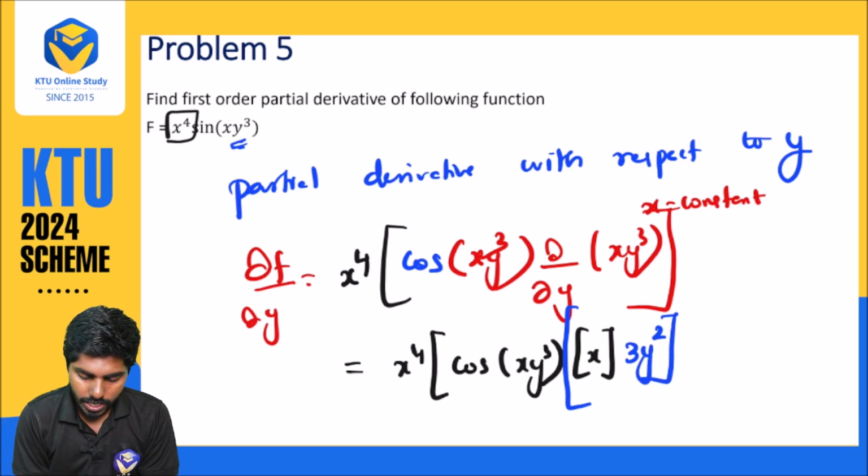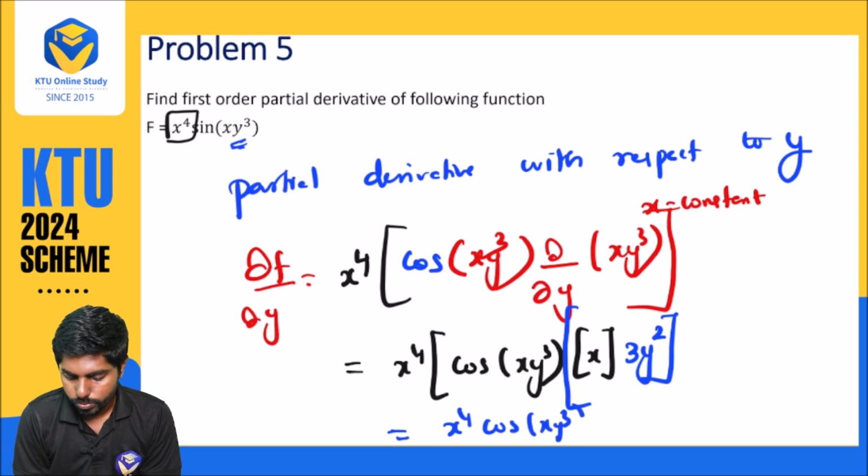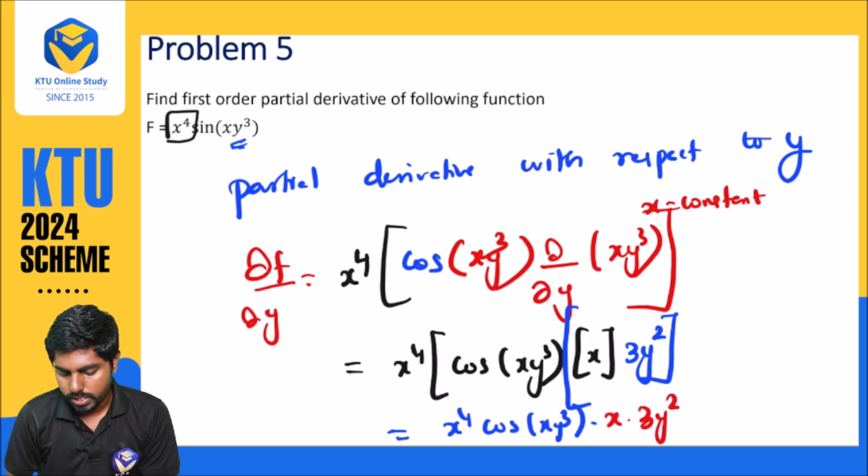So our answer is x power 4 cos of x y cube into x into 3y square. This is our answer.